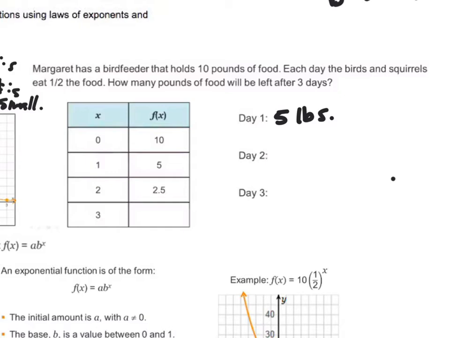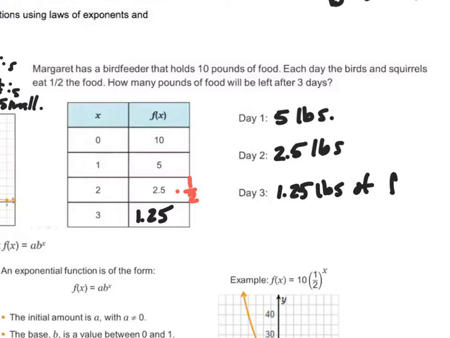On day 2, you have 2.5 pounds. How do you get the 3rd day? You take 2.5 and multiply it by a half, which really means dividing by 2. So 2.5 divided by 2 gives you 1.25. So on day 3, there's 1.25 pounds of food.